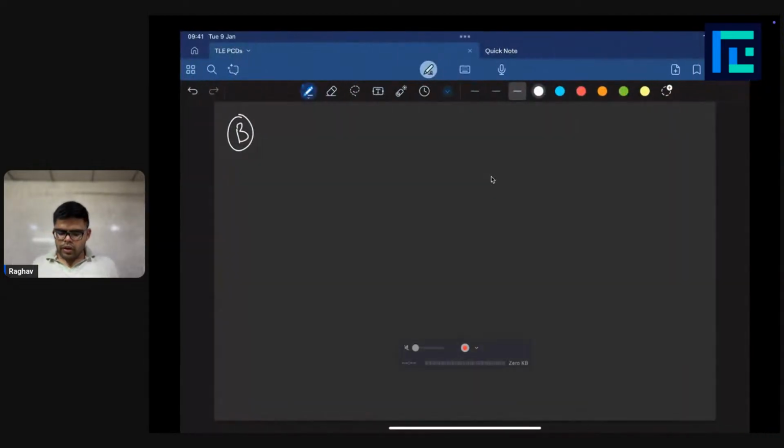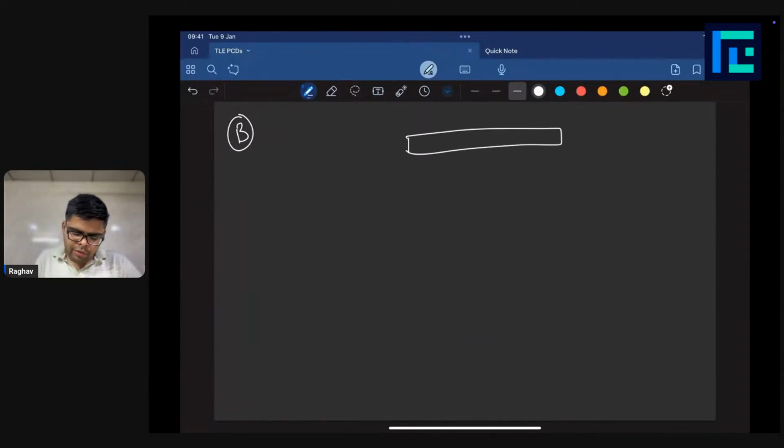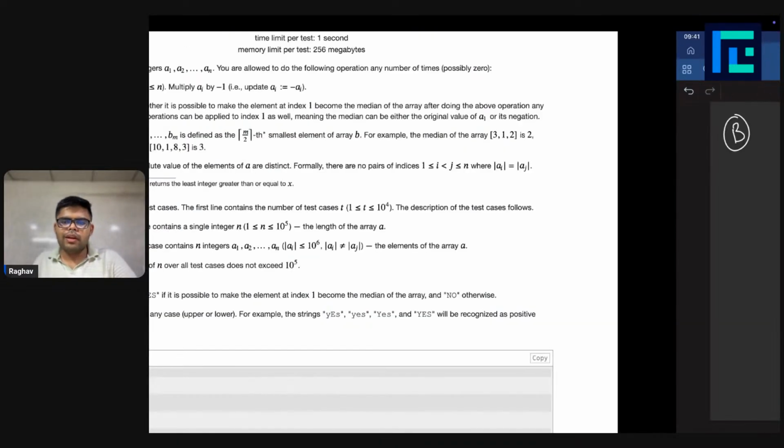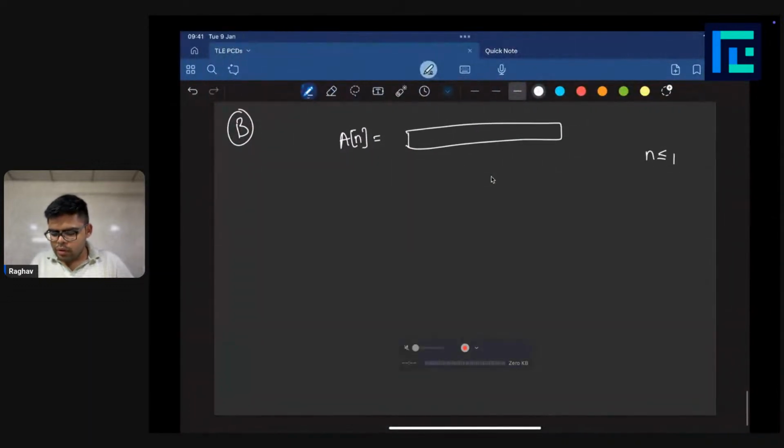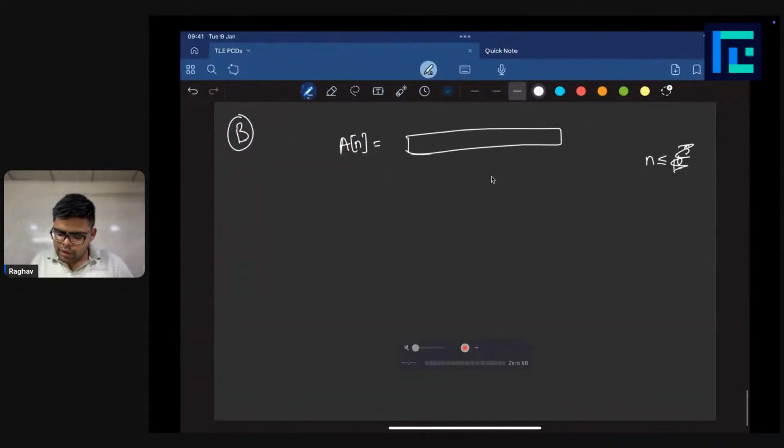be distinct. Okay, so problem B is we would be given an integer array A of size n, where n can be as big as 10 raised to the power 5 here. Okay, and we are permitted to apply an operation on the array.